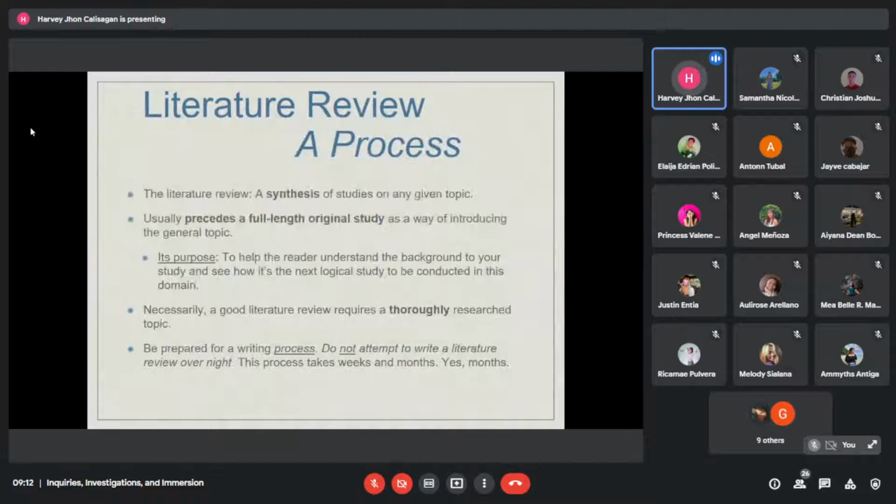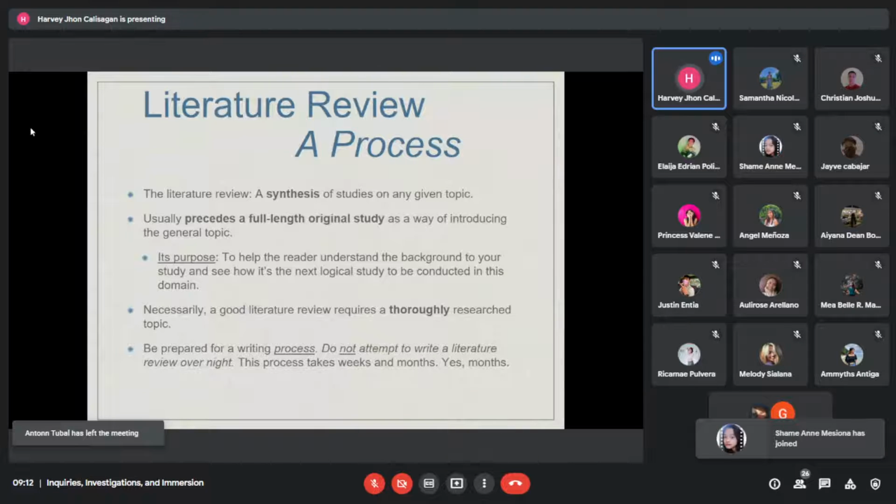So what is the process of doing the literature review? Okay, so we're going to highlight the word synthesis. If you talk about a literature review, it is a synthesis of studies on any given topic. If you talk about synthesis, you're talking about a proper system, something that is the backbone of your research.